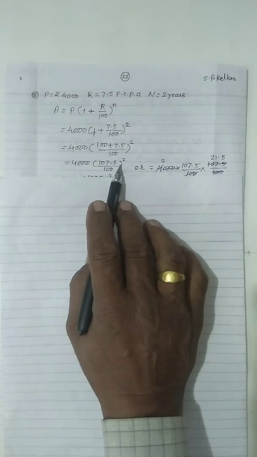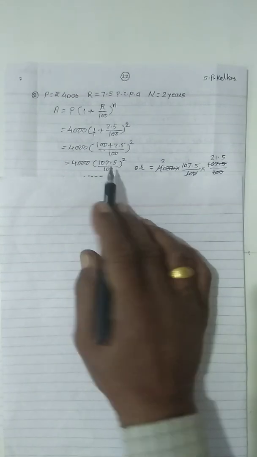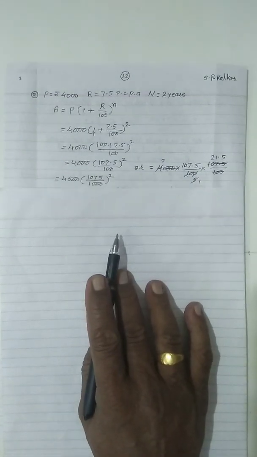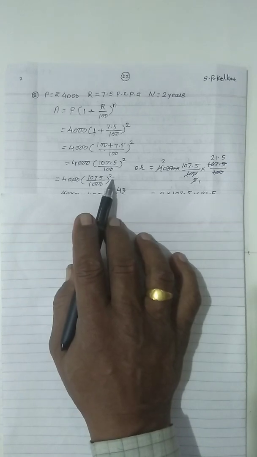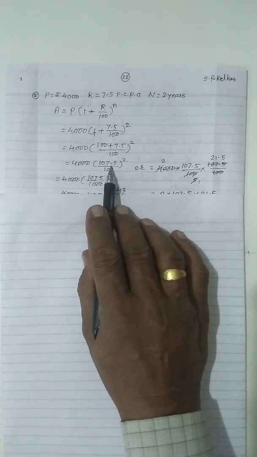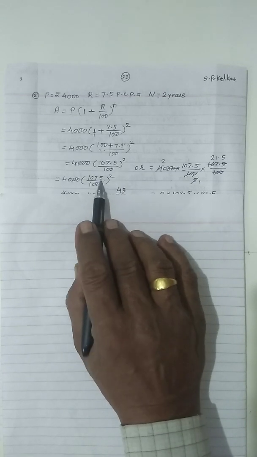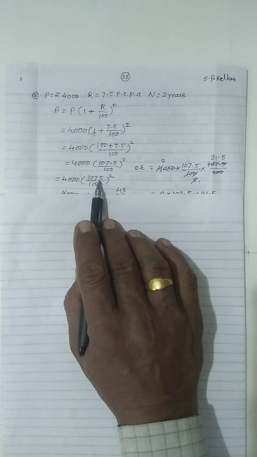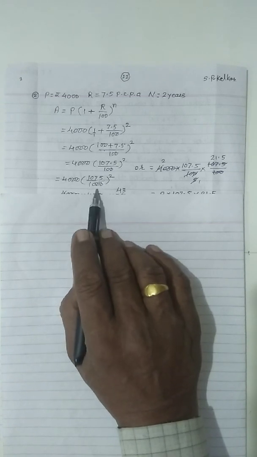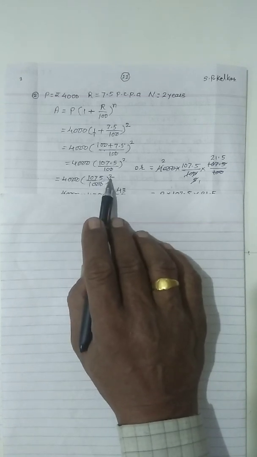Now bracket raised to 2 means the product of this number 2 times, so 4,000 in bracket. See, before taking the product, we cancel this decimal point from this number and increase one 0 on this 100. So we get here 1075 divided by 1000, bracket raised to 2.